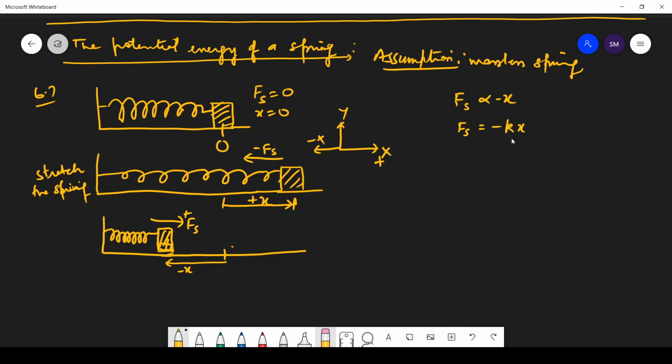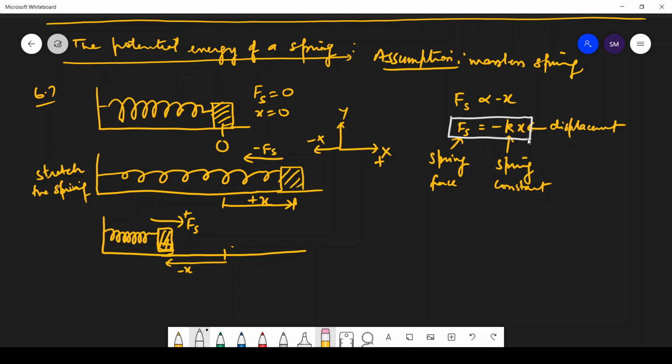So k is the spring constant, this is the spring force, and x is the displacement from the mean position, from this origin, when there is no force acting on it. This simple equation is known as Hooke's law. Very important, students. Hooke's law for the spring force.